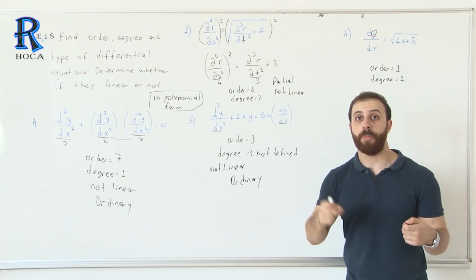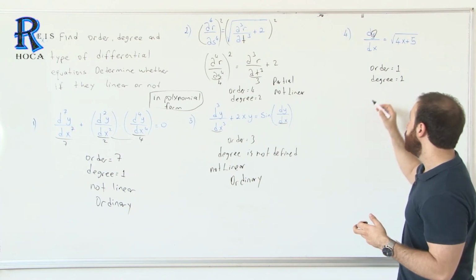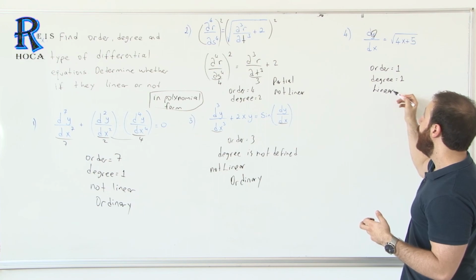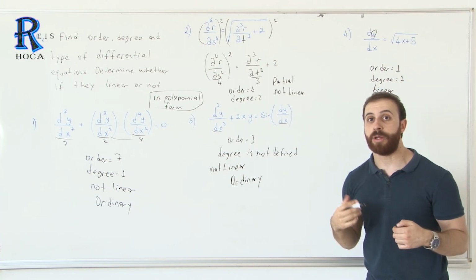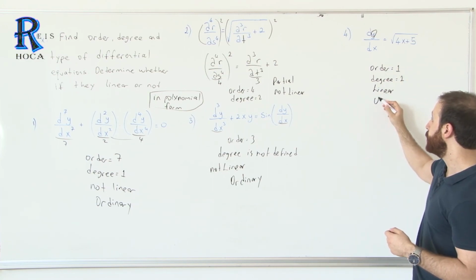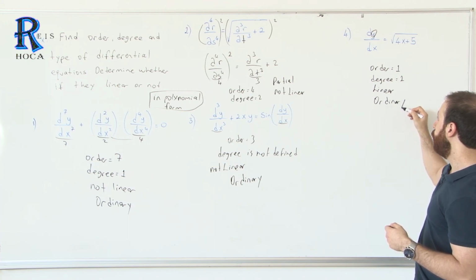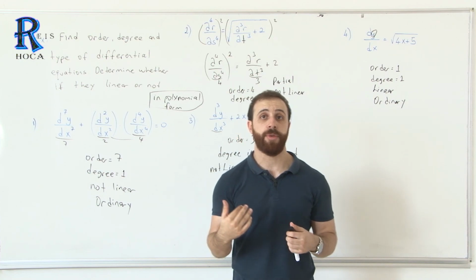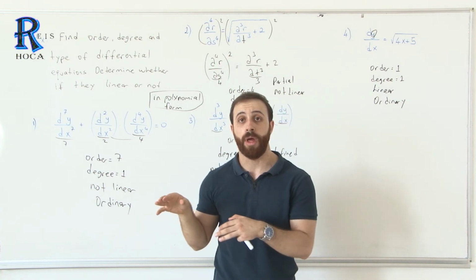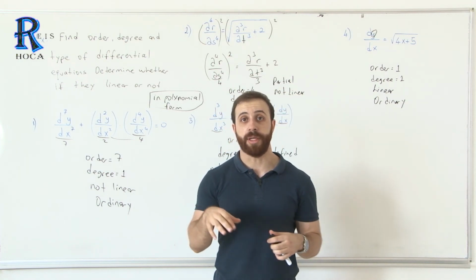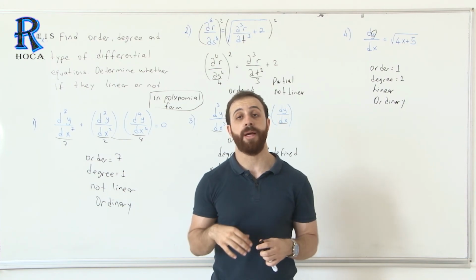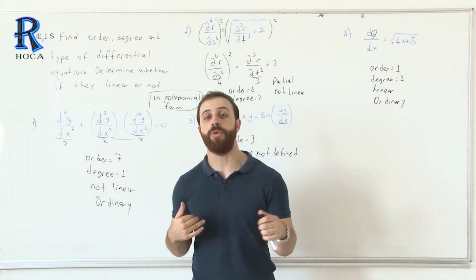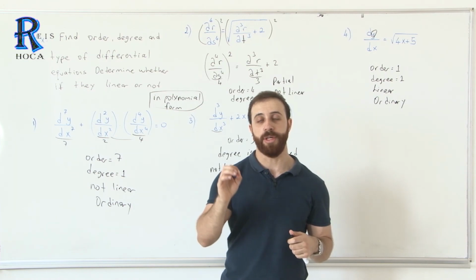So all properties are satisfied for linearity. This is linear. And we just have a derivative with respect to x. That's why this is ordinary. We talked about some difficult differential equations, how we define degree, and linearity. They are so important to improve your knowledge about the degree.